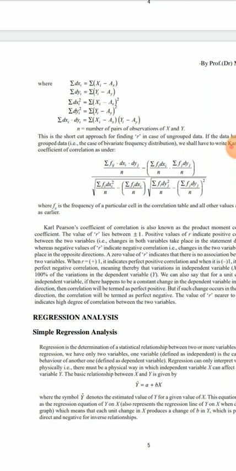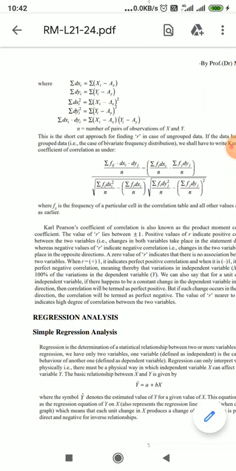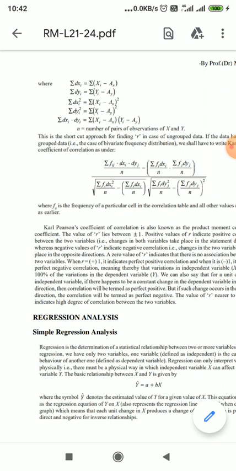So, we can also say that for a unit change in the independent variable, if there happens to be a constant change in the dependent variable in the same direction, then the correlation will be termed perfect positive.